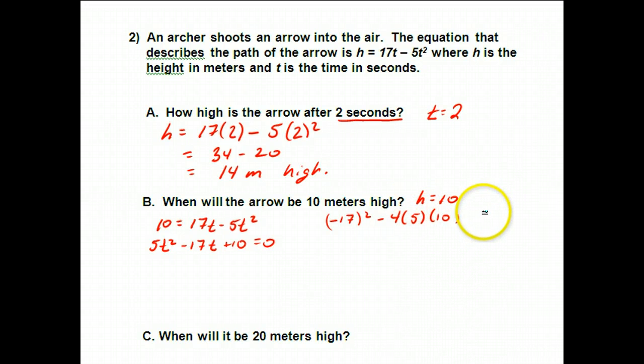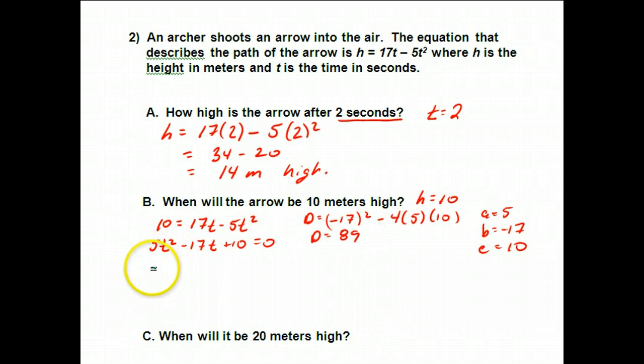Let's write this out at the side: a is equal to 5, b is equal to minus 17, and c is equal to 10, right? I'm just putting that into the discriminant. If you dump that into your calculator, 17 squared minus 4 times 5 times 10 is equal to 89. So D is equal to 89.